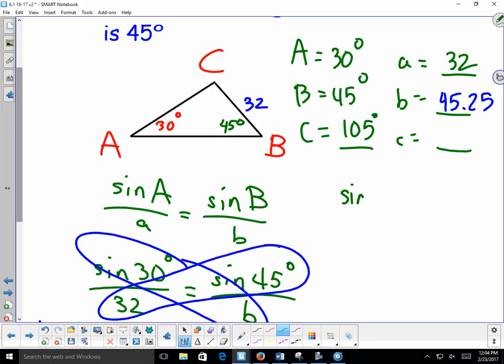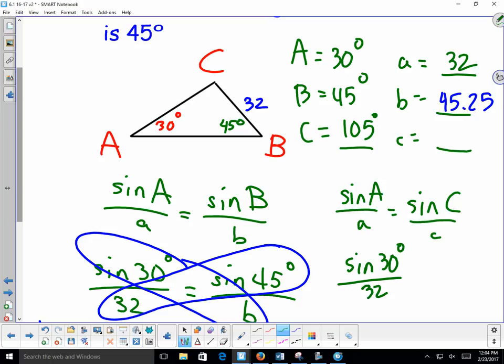So we're going to do sine of A over A equals sine of angle C over C, right? So we're going to do sine of 30 degrees over 32 equaling the sine of 105 degrees over C. You're going to cross multiply and solve, correct?